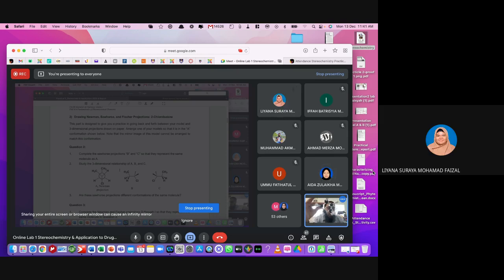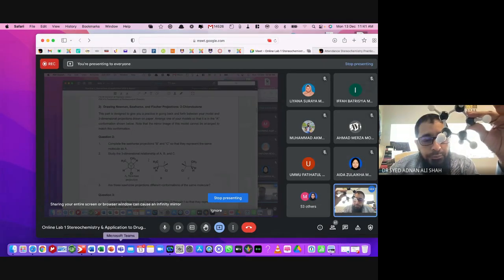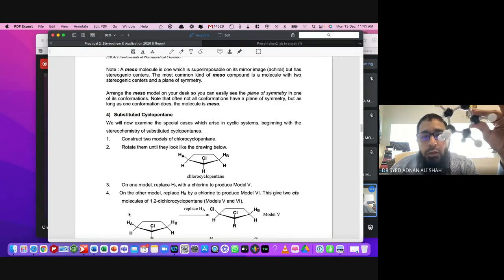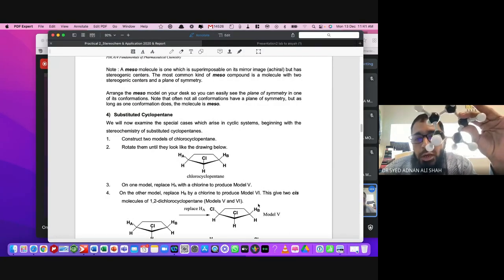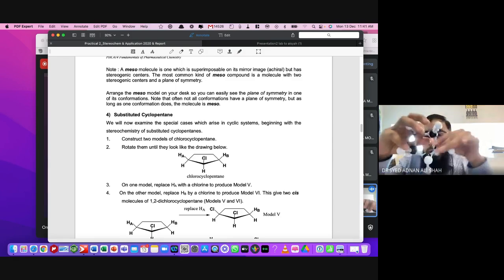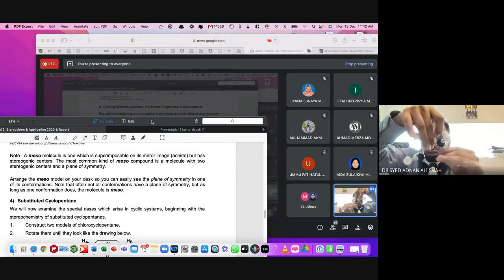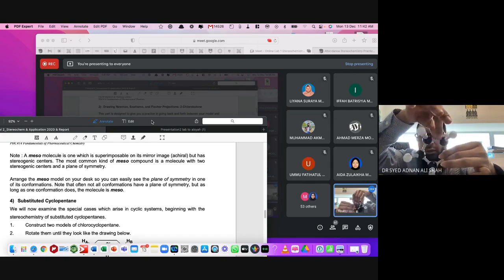Yes. So now I am replacing, according to your request, one hydrogen of this cyclopentane with the chloride, right? So you can see how this one is one straight line.